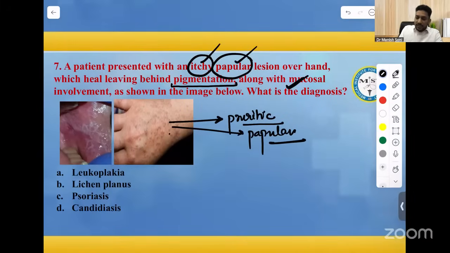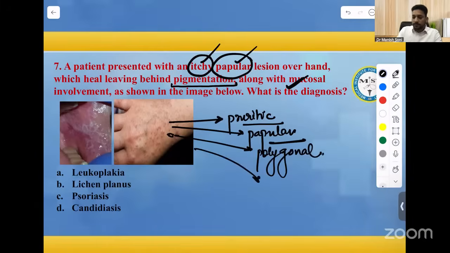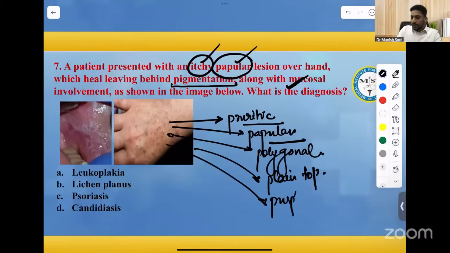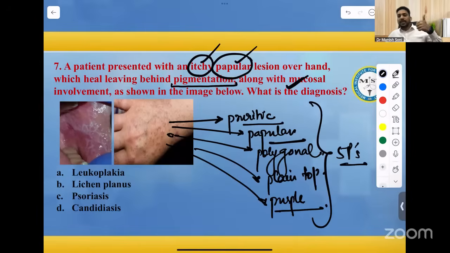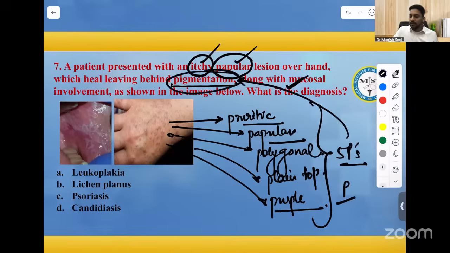If you closely see, they are slightly polygonal, plain topped, and slightly purple in color. So these are the 5 P's which you can see in the image. Plain, purple, polygonal, pruritic papule. Another P, it heals with pigmentation. So 6th P, also you can remember, it heals with pigmentation. So when these lesions heal, they leave behind a pigmentation mark. All these are features of lichen planus.